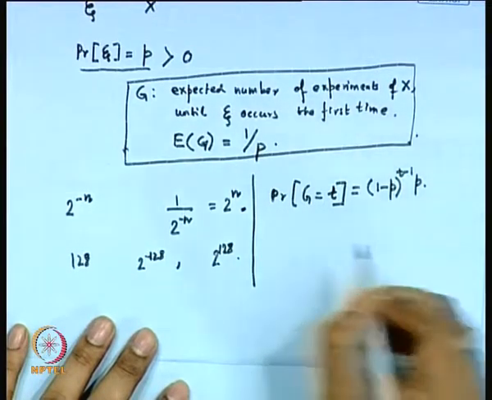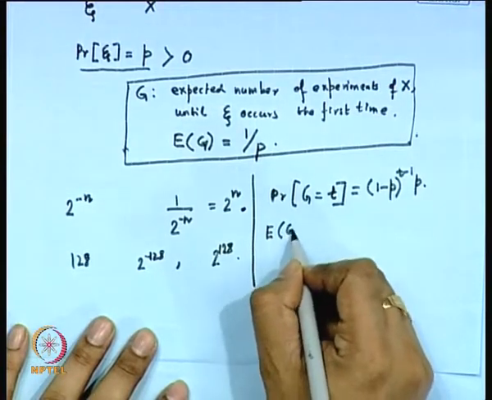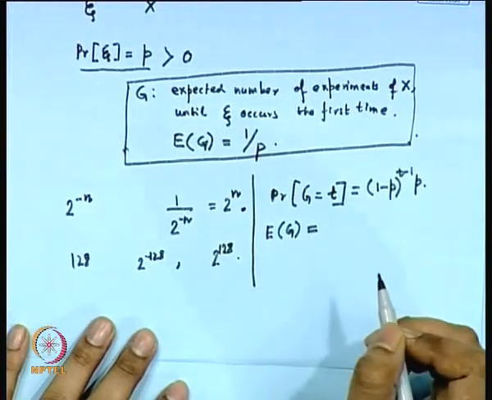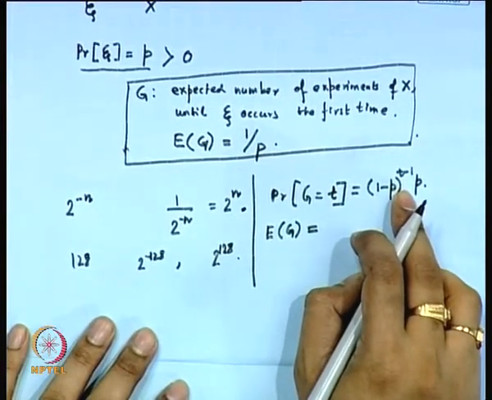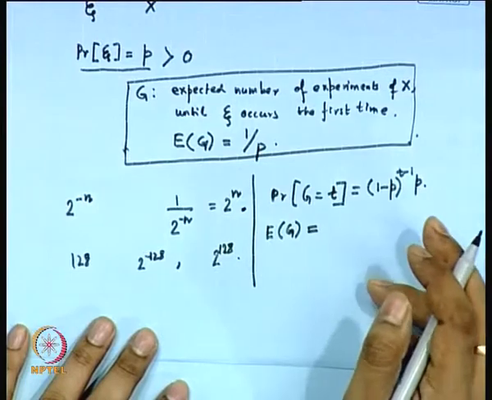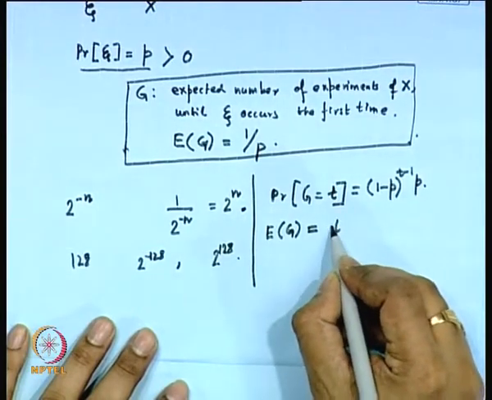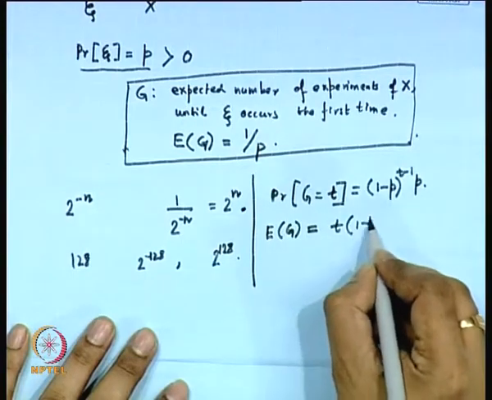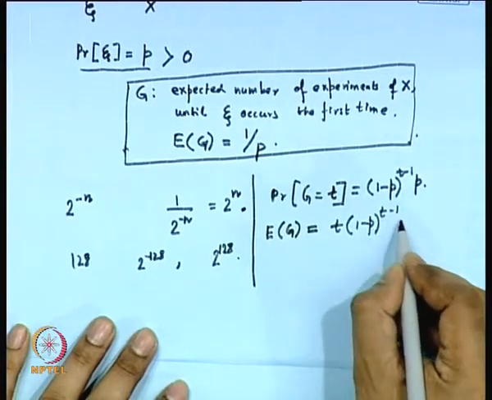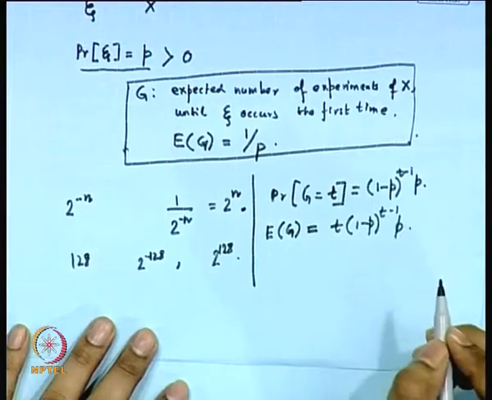Therefore the expectation of G, using the law of large numbers, is this probability multiplied by the number of times you repeat the experiment. So you multiply t by (1 minus p) to the power of t minus 1 and by p.